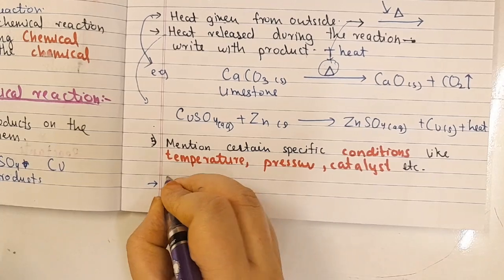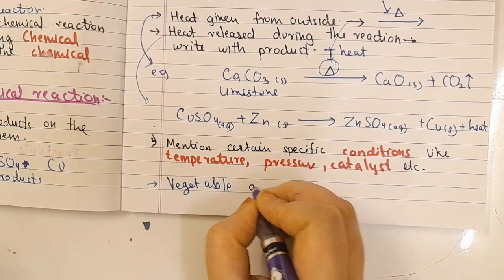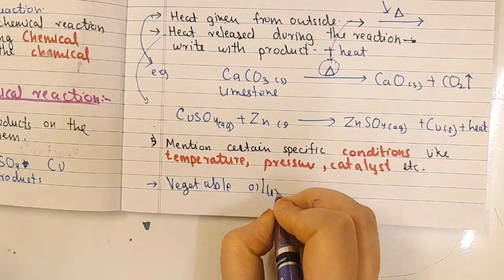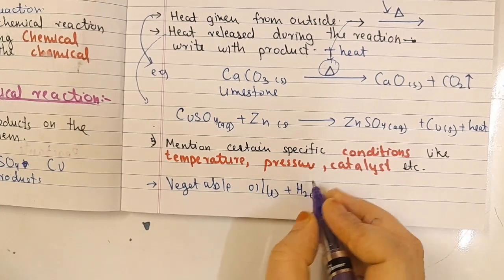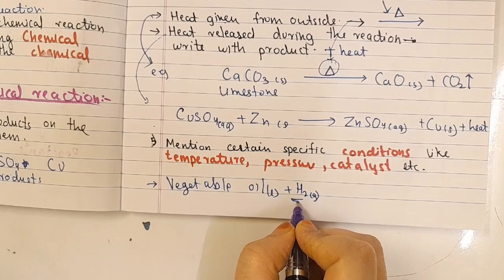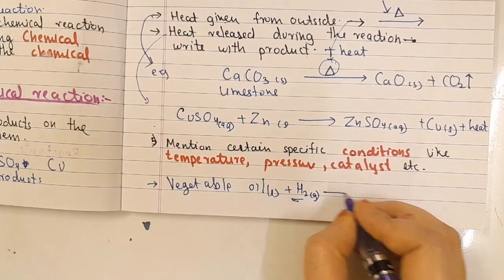Here I am taking the example of vegetable oil. Vegetable oil in liquid form plus H2 gas. Here H2 gas is taken, so this is a hydrogenation kind of reaction. We are using hydrogen.